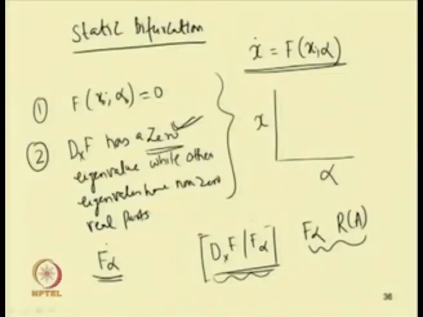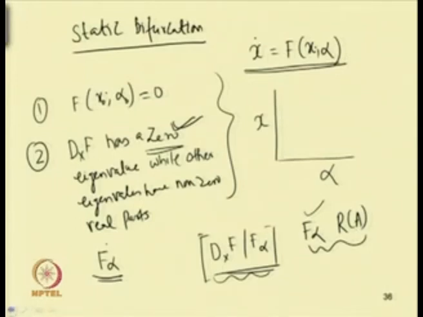In case of saddle node bifurcation point, we have to construct the dxf and f alpha matrix, and check whether this f alpha belongs to the range of A. If it does not belong to the range of A, then we can tell this is a saddle node bifurcation. Otherwise, it may be either a transcritical or a pitchfork bifurcation point.